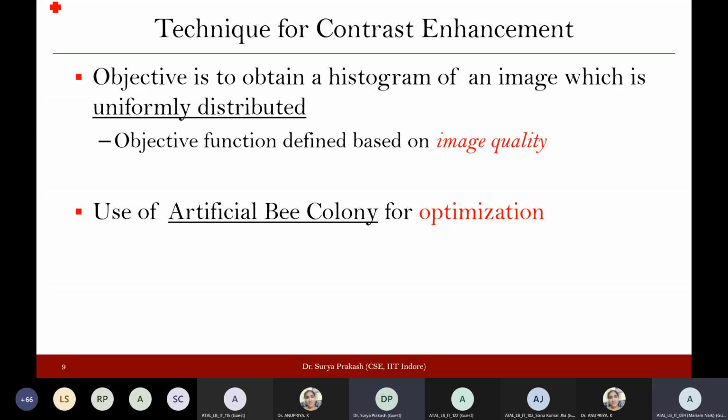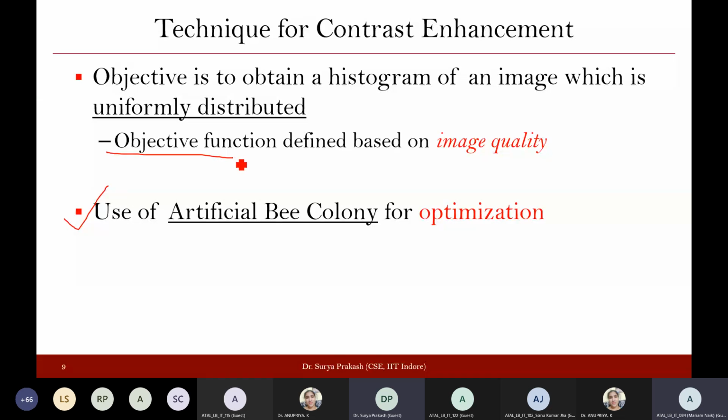And before that, as I stated at the beginning as well, for any optimization technique, you need an objective function, right? Or a fitness function. So we will first see how we are going to get the objective function in this particular case, and then based on that, we'll see how the ABC is formulated and applied for this problem.